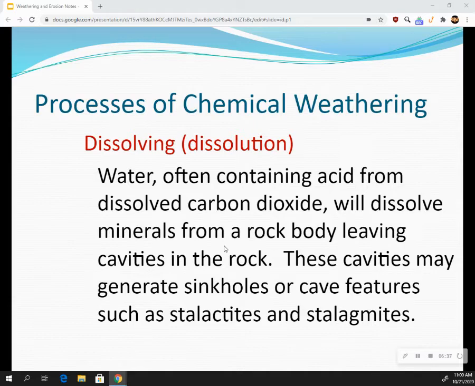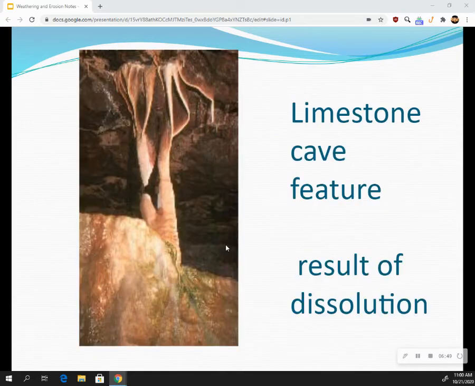These cavities can leave a spot open for frost wedging or plant growth, or they can create sinkholes or cave-like features. Limestone caves can show stalactites and stalagmites that form because of this dissolving. It'll dissolve the rock into some other form, creating these cool stalactites and stalagmites.